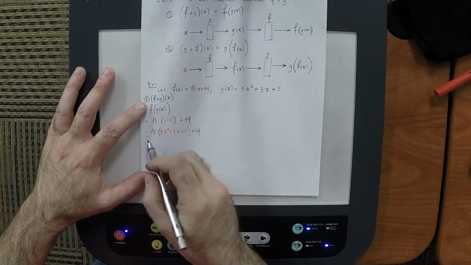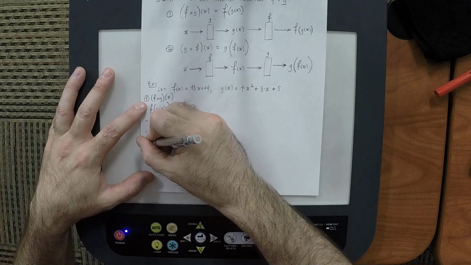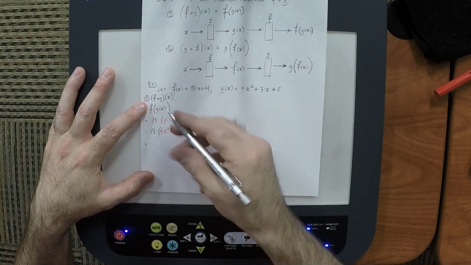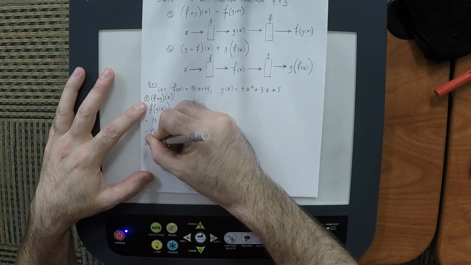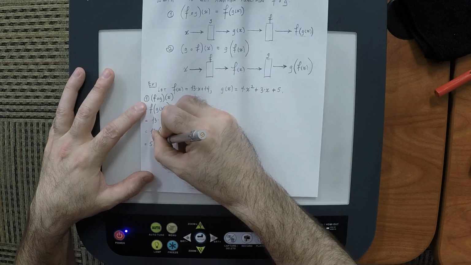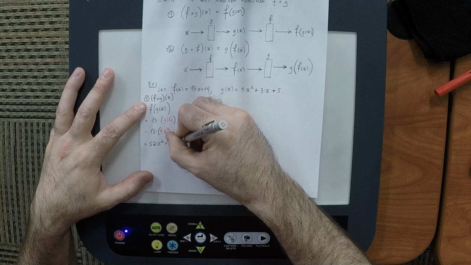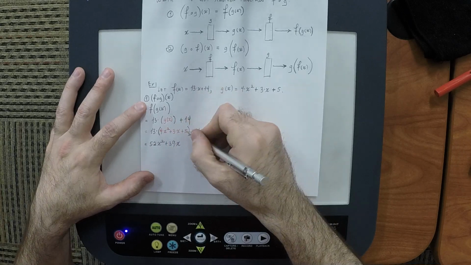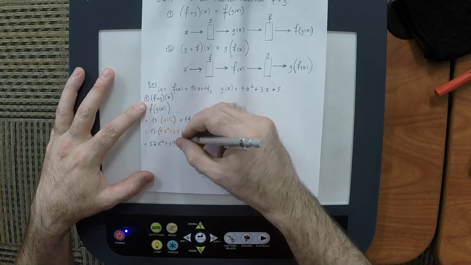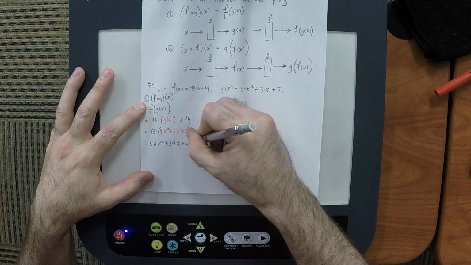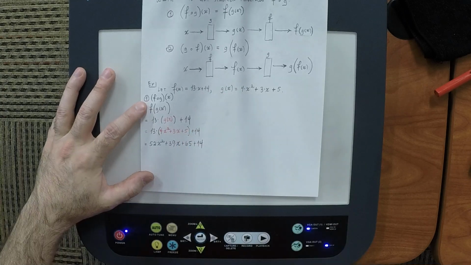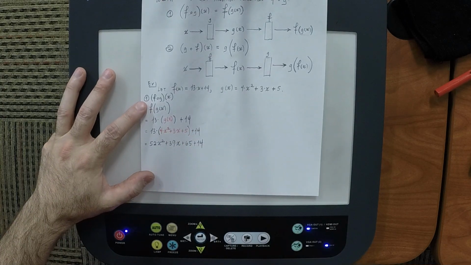So now all substitutions are complete, and it's just a matter of carrying out the algebraic steps. I'll distribute the 13 and get 52x squared plus 39x plus 65 plus 14. That 14 was already there.